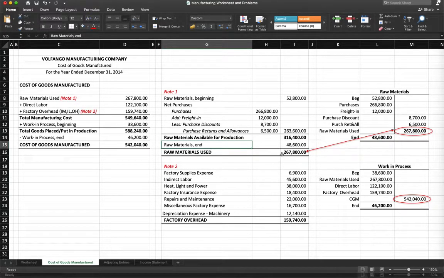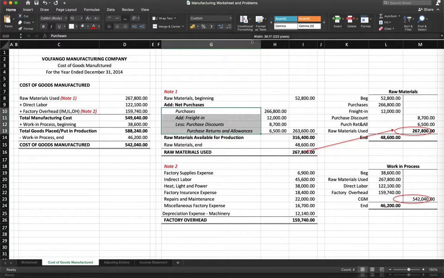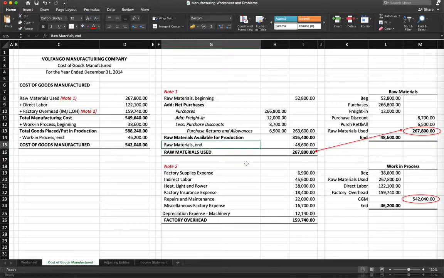I-deduct. So, lagyan natin dito para hindi kayo malito. Add net purchases, and then less raw materials ending, and that would be raw materials used. Yan yung 267,800.